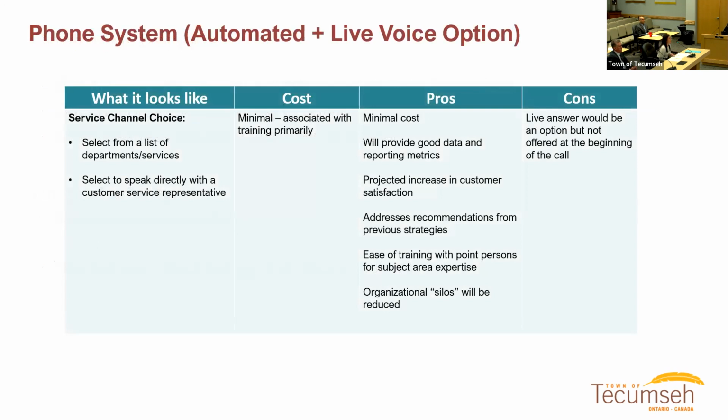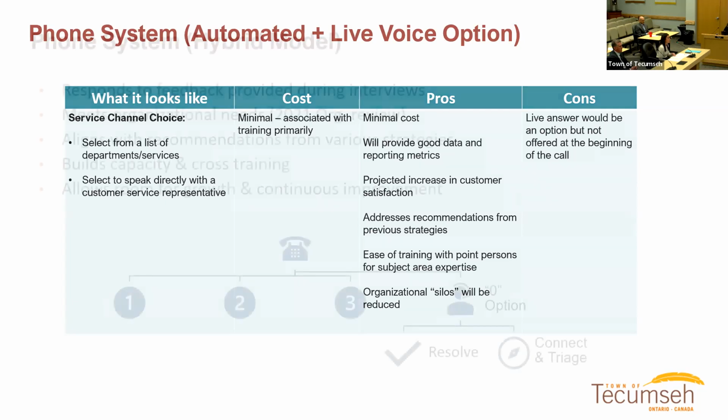So as you can recall, in September of 2022, it was approved to move to this option that's in front of you for the phone systems and the option for a hybrid live answer model, with the goal to select from a list of departments and services and also have the option to speak directly with a customer service representative. So we are currently working on implementing a queue phone approach in order to provide the live answer option from the main phone menu options. And the next slide will illustrate that for you.